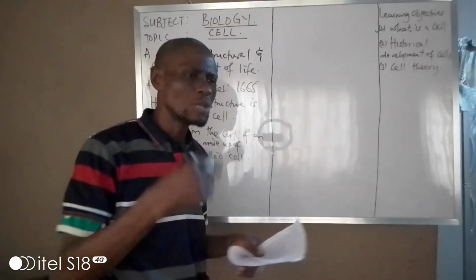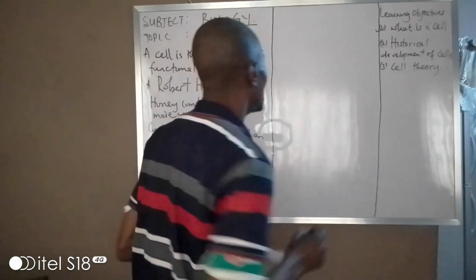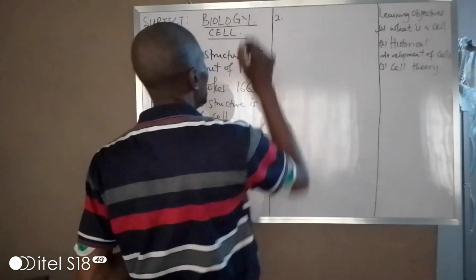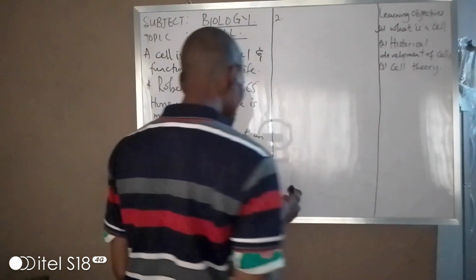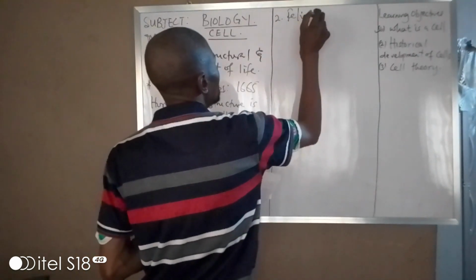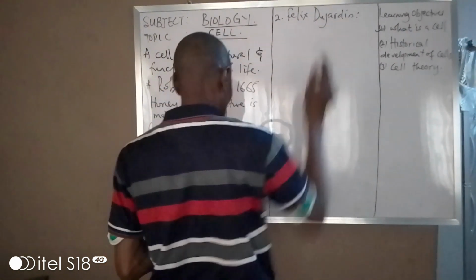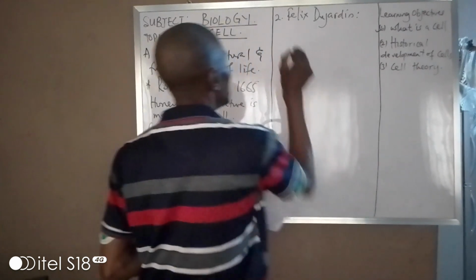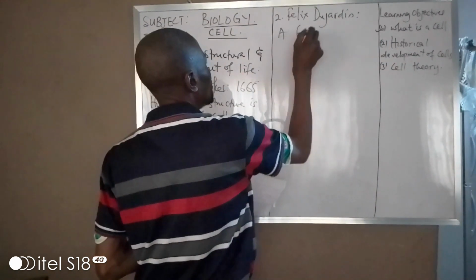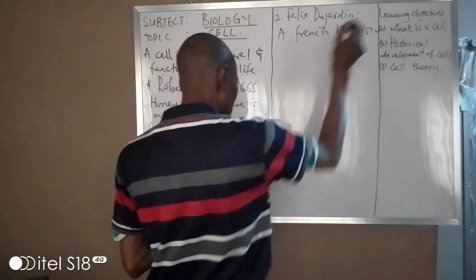After him, we also have some other scientists. Another is called what? Felix Dujardin, in 1835. Felix Dujardin is a Frenchman, a French biologist. What did he do?